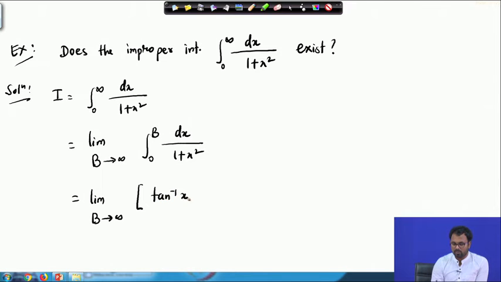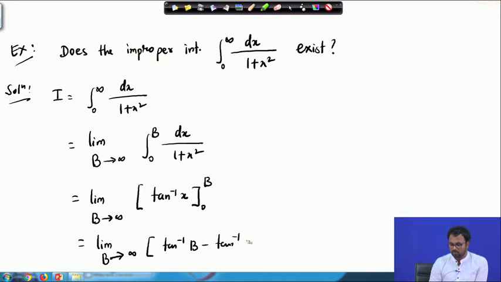So, we will write tan inverse x here, then from 0 to b. This will turn into limit b goes to infinity, I beg your pardon, and then this one is tan inverse b minus tan inverse 0. Now, tan inverse 0 is 0, and tan inverse b, when b goes to infinity, will go to pi by 2. So, the value of the integral is pi by 2.